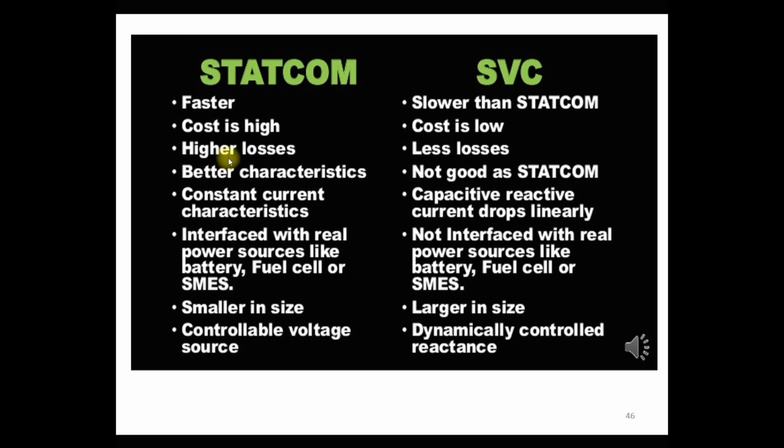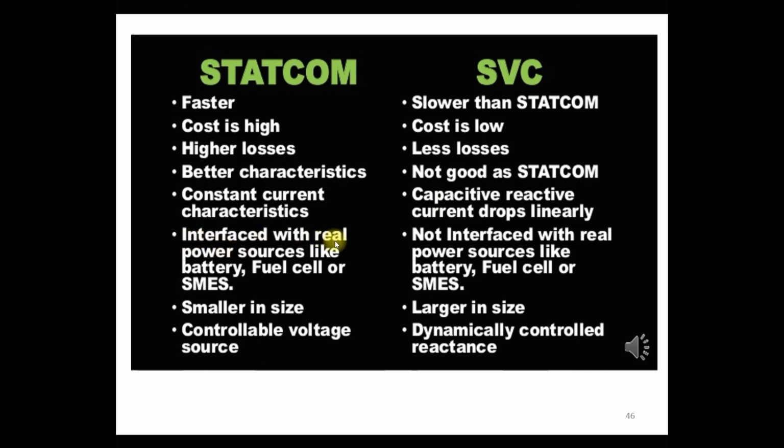Losses are higher, as we already discussed. The STATCOM has better characteristics: the VI characteristic is better, as well as the VQ characteristic, as compared to the SVC. It provides constant current characteristics in the capacitive mode, but in the SVC the capacitive current limit reduces linearly with the system voltage.